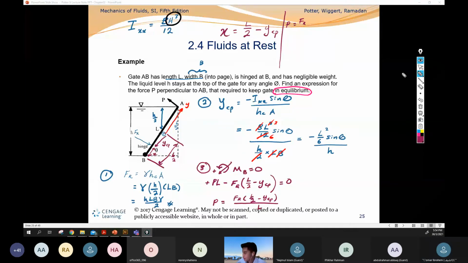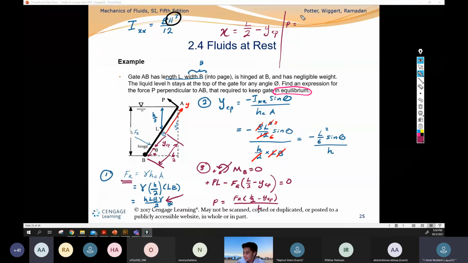So what is the value of Fr that we discovered previously? This one, right? Everyone? Yes, doctor. Just substitute there.